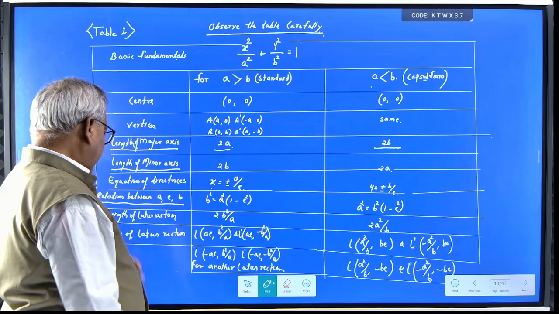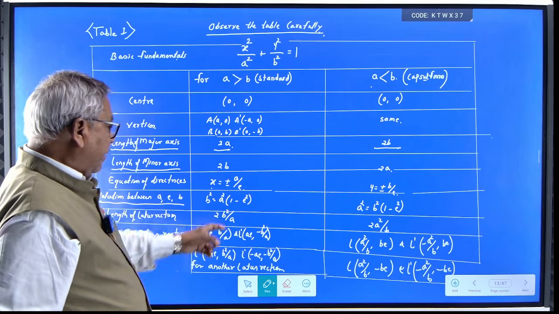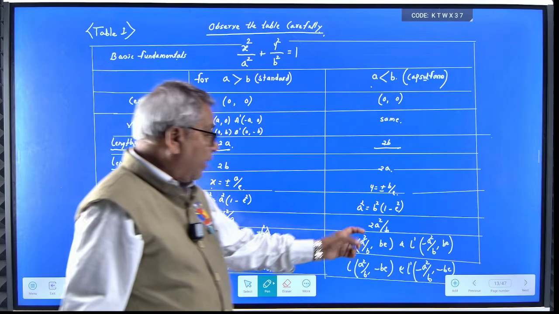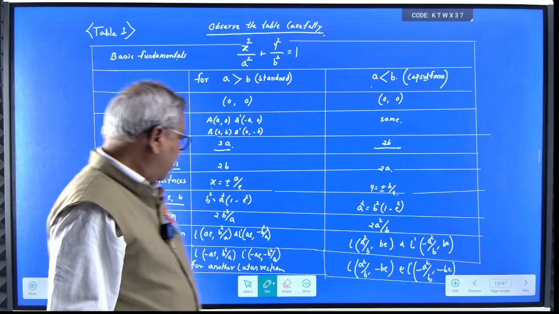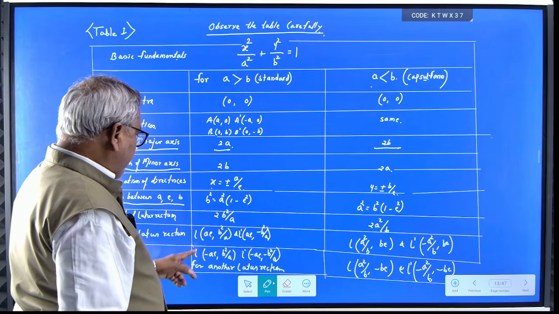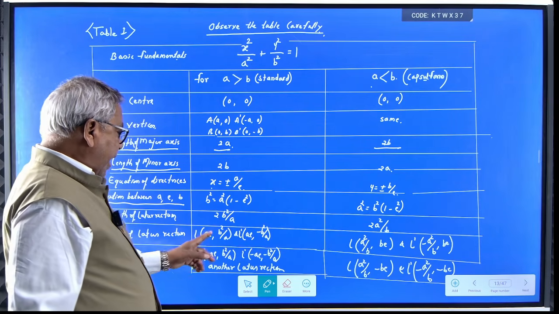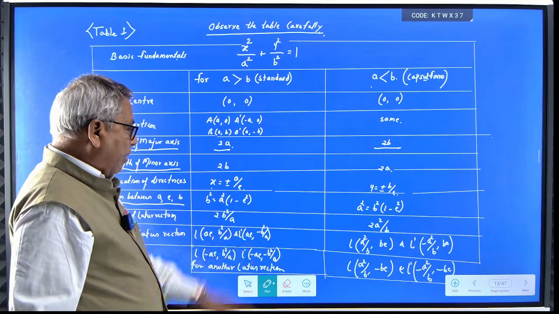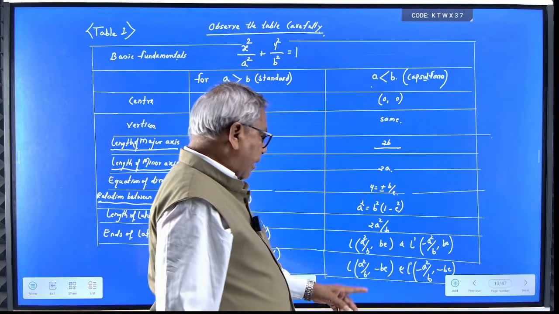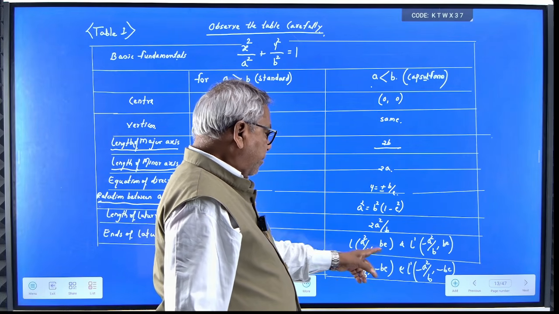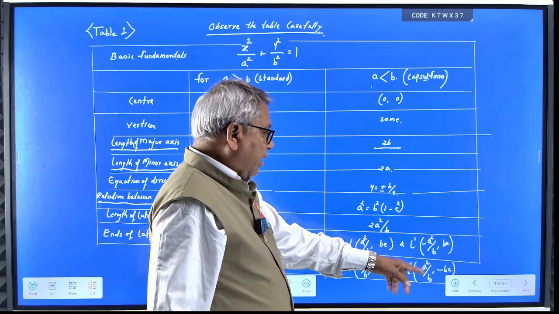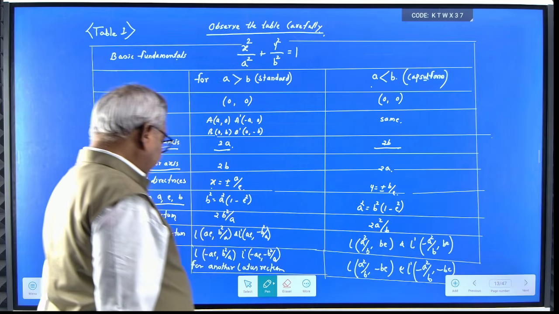The length of latus rectum is 2b square upon a, and here 2a square upon b. The endpoints of latus rectum are (ae, b square upon a) and (ae, minus b square upon a), and here (a square upon b, b) and (minus a square upon b, b).